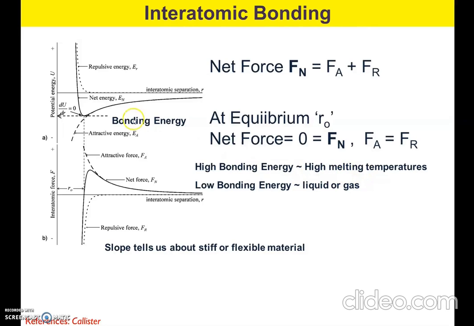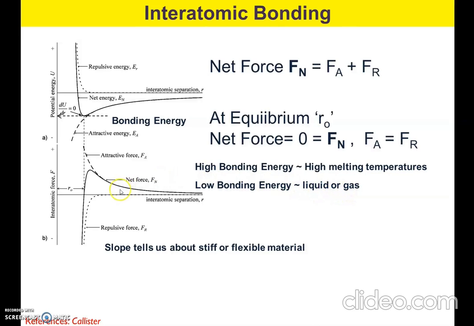However, if the value of this energy function is low, that would mean the bonding is weak, and it will result in the formation of a liquid or possibly a gas.